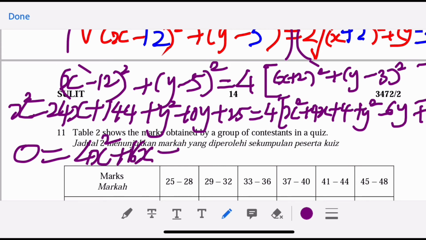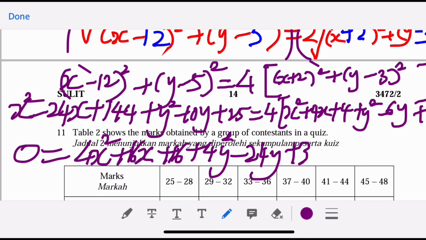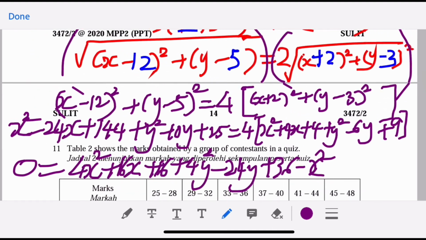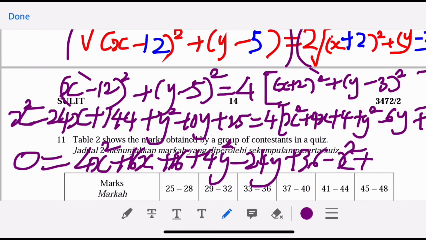We just expand the right hand side first: 4x squared plus 16x plus 16 plus 4y squared minus 24y, and then plus 36. Now we have to shift everything from the left to the right.